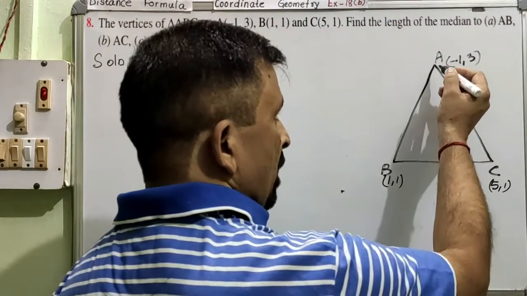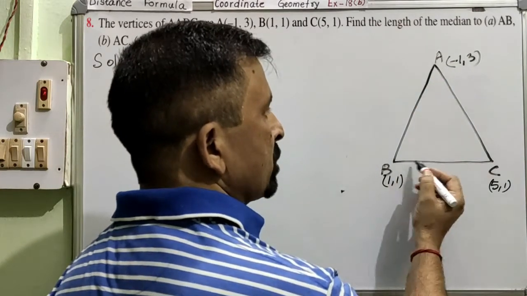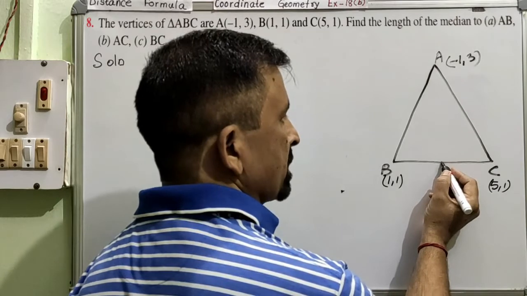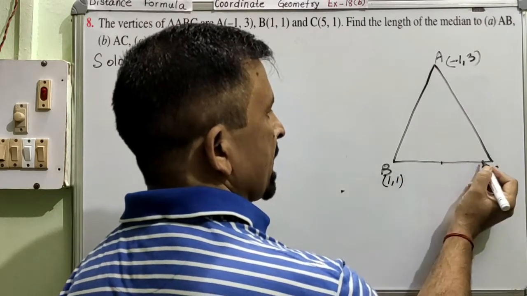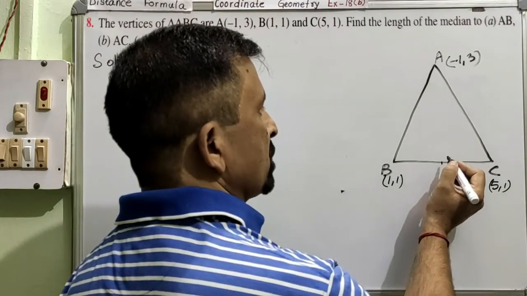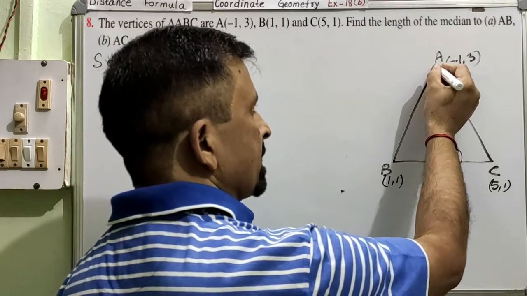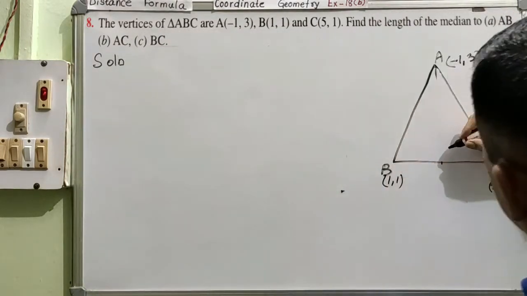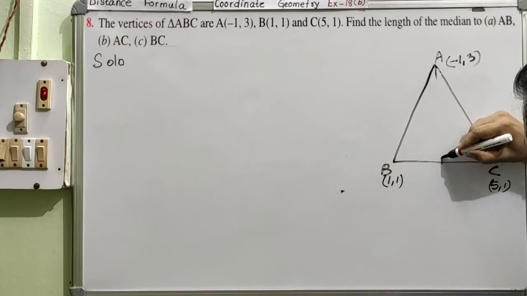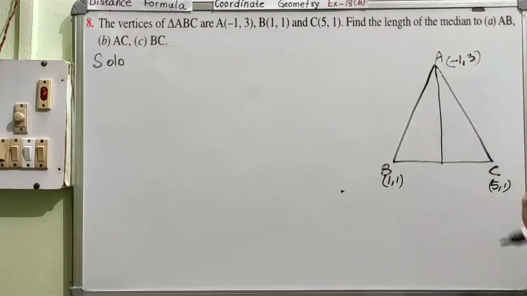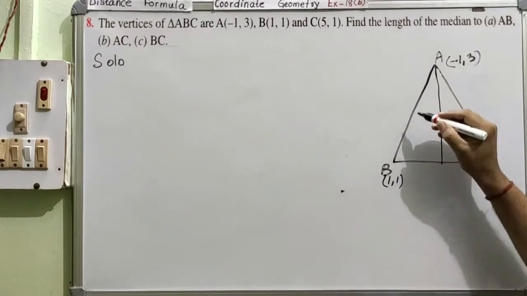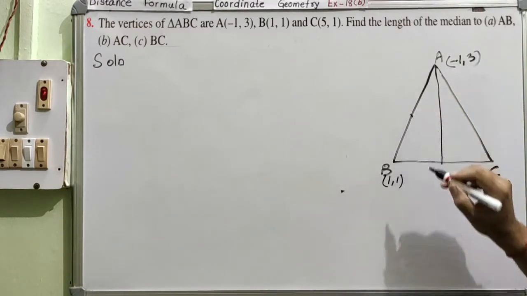So if I draw a median from A, I need to have the midpoint of the opposite side. So the midpoint of the opposite side, suppose it is this, right? For this side, this is the midpoint. And if I join this midpoint with the opposite vertex, then this line segment will become the median. Am I clear? Likewise, for the side AB, the midpoint is this. Clear?